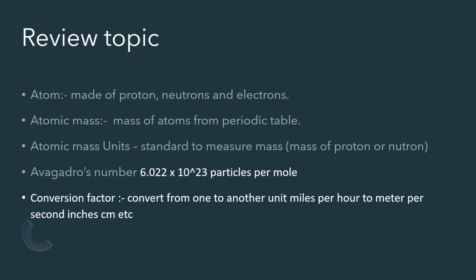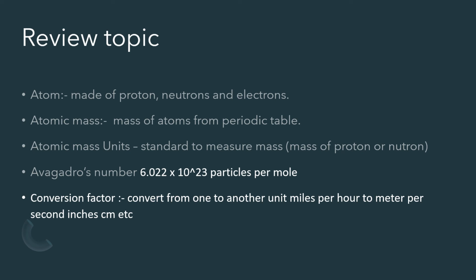So let's review the entire topic. We earlier saw about what atoms are in a previous video, for which I can give the link in the description below. You can go through that completely, explaining what is an atom, what is a proton, neutron, and electron. We went through in great detail.